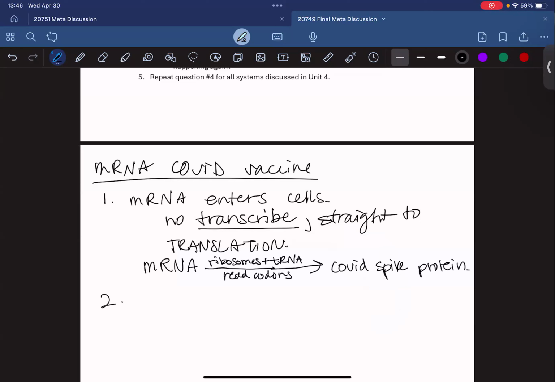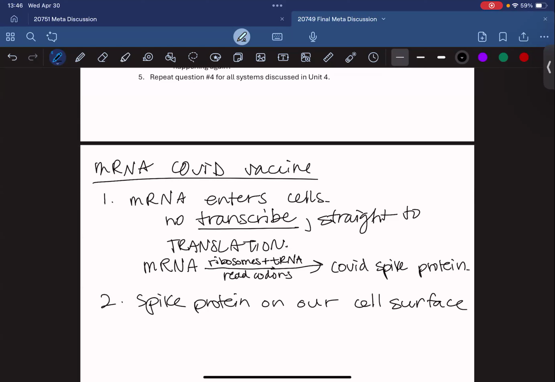Now your cells will be able to elicit an immune response. So this will be something that's made from our mRNA, but that we can put on the surface of our cells. So spike protein on our cell surface, because that's where the normal COVID spike protein would go.